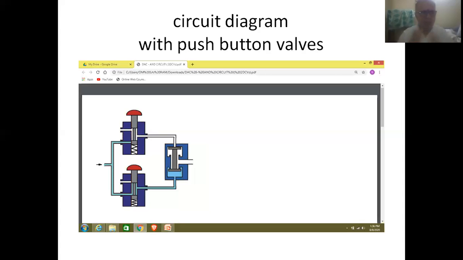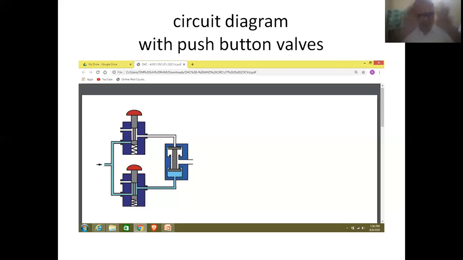That is used for moving the piston in reverse direction. So friends, just like the previous circuit, the first valve is used for performing forward stroke of the piston, and the second DC valve is used for performing the return stroke of the piston.